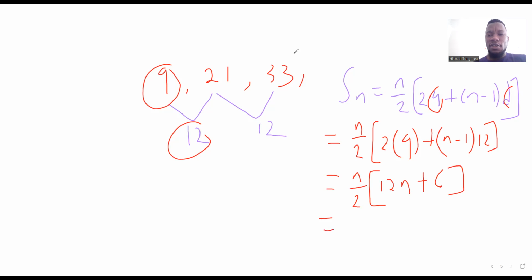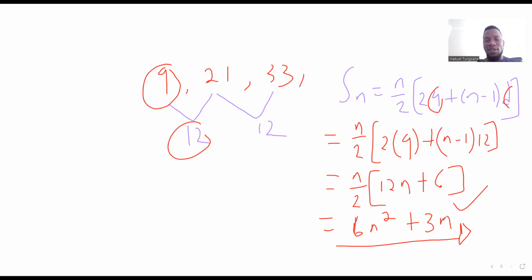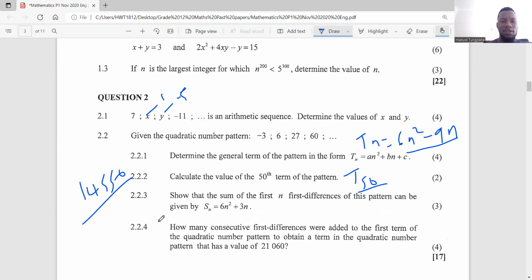If you simplify this, you get 6n squared plus 3n. Let's check if this is the same as what they want us to prove for the sum of the first n terms of the first difference. If you go back to the question, yes, that's correct.